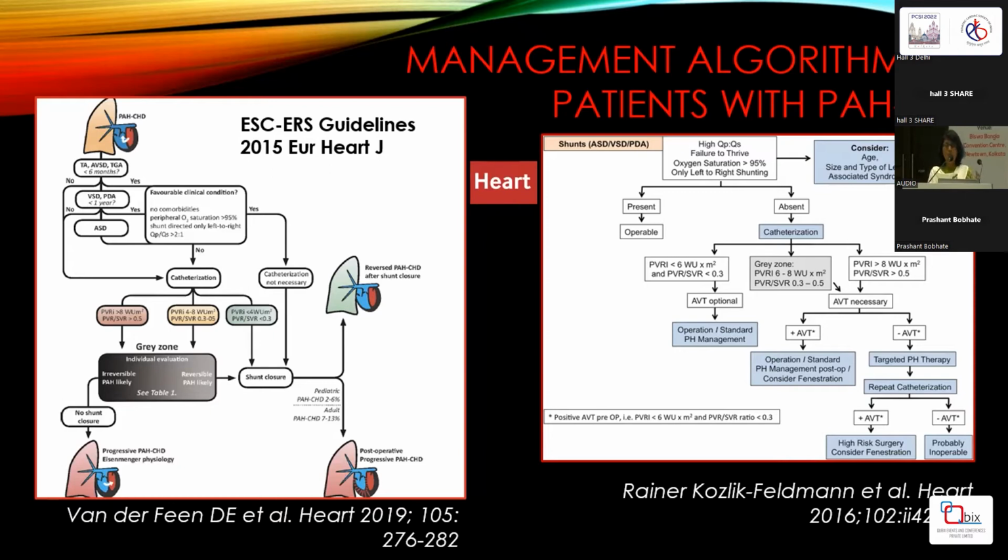This more stringent criteria perhaps should be applied to older patients more. That is, the older the patient is, the more stringent the criteria are likely to be. There are other algorithms where a PVR up to 6 is considered to be operable, and the criteria are less stringent.